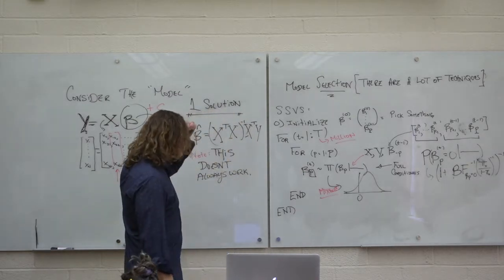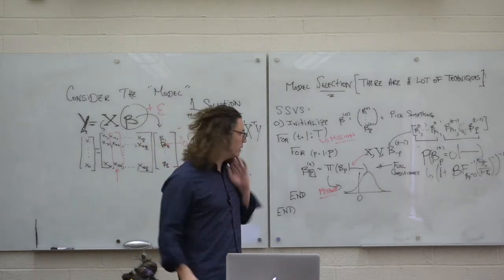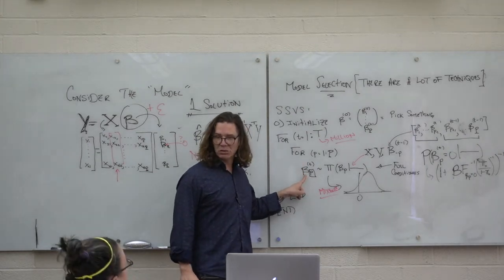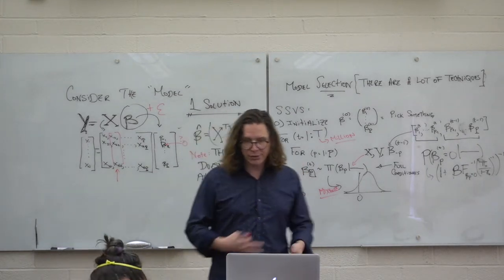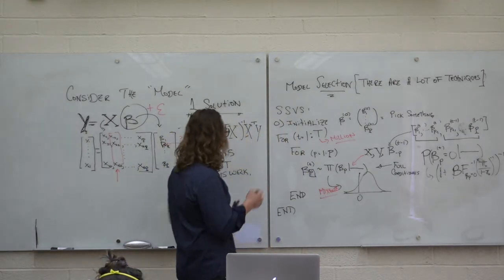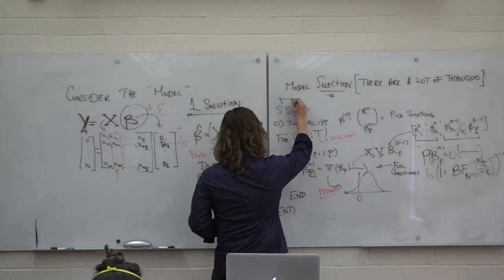So let's say 90% of the time, updating this specific beta is 0, then I probably don't think that beta is very informative about the data. And this is called the stochastic search variable selection algorithm.